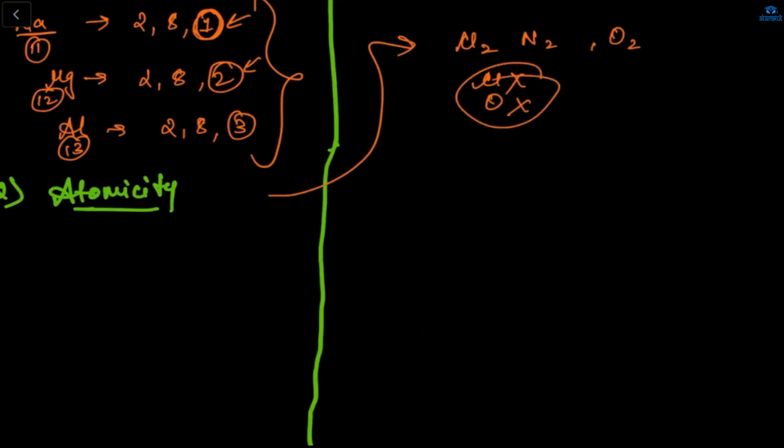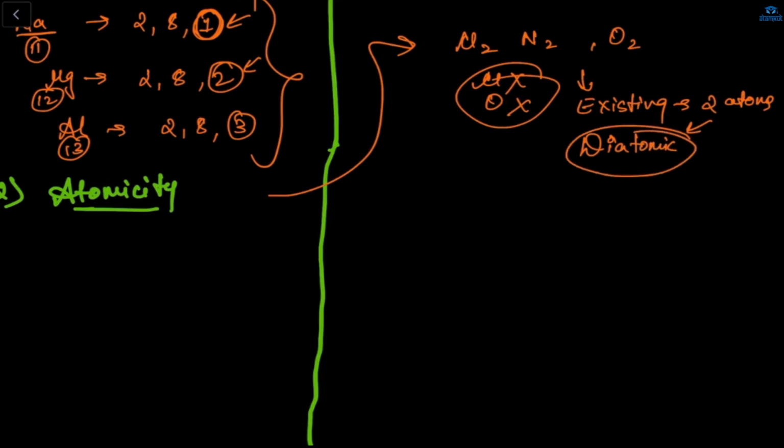So non-metals exist in the form of two or more than two atoms. Two atoms means it is diatomic. It will never be N, it will never be O. It has two atoms here, so it is diatomic.